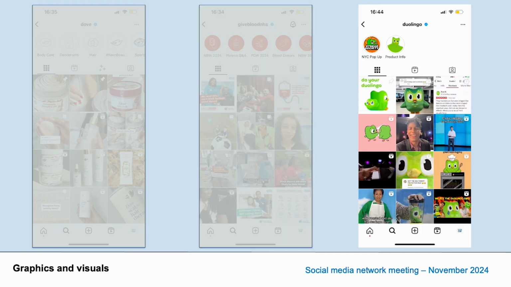And finally, one of my personal favourites is the Duolingo Instagram account. The use of their popular mascot / logo, they use this really consistently. They use that colour, that green, throughout their profile because it's really recognisable.